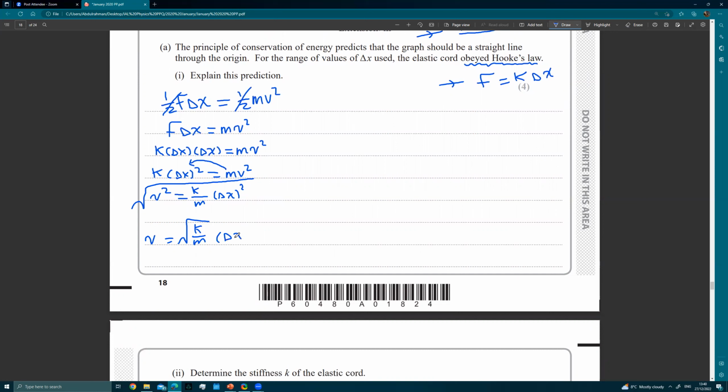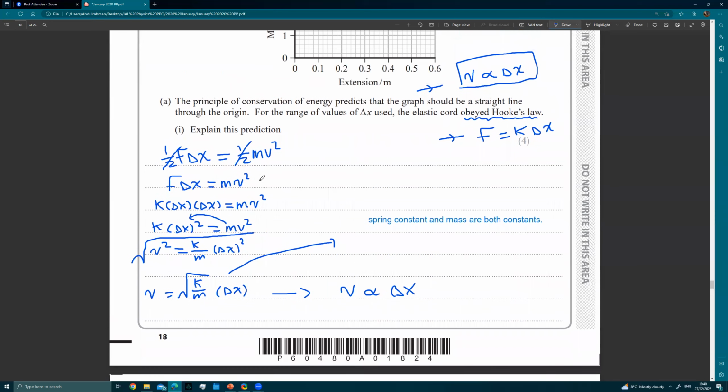And we know that the spring constant and mass are both constants, i.e. they don't change. The mass is the same throughout the experiment, and it's the same string, so it has the same stiffness. So this is a constant, so we can deduce from this that the velocity is proportional to the extension.